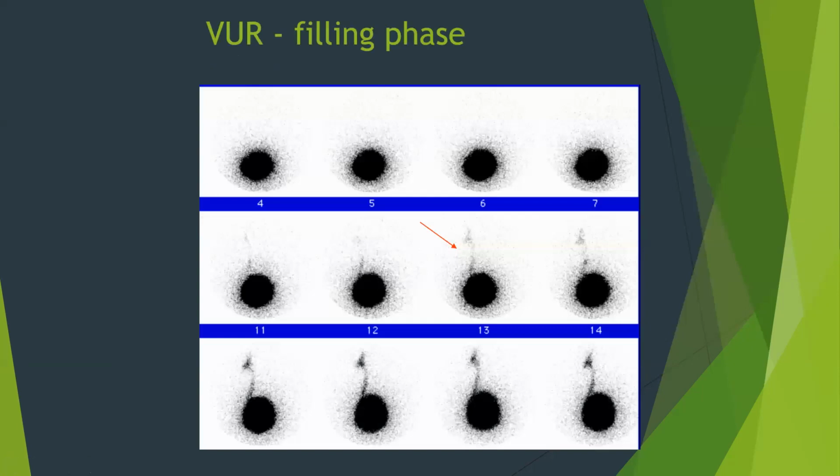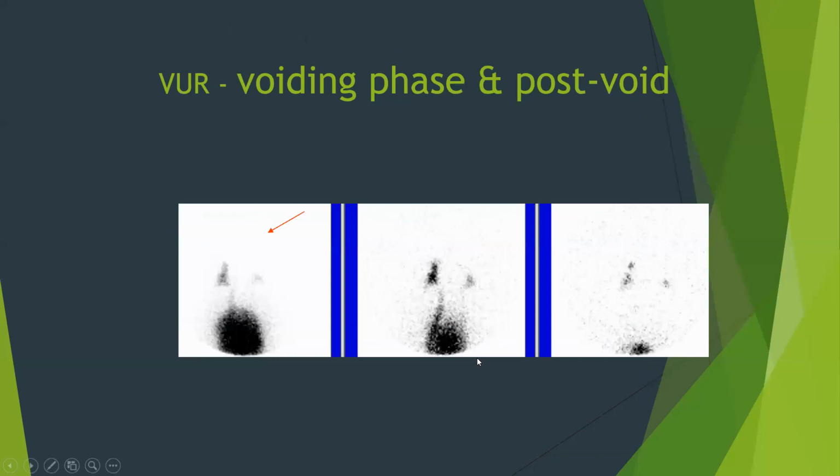And this is another child showing VUR, in which we can see the reflux of tracer from the bladder to the left ureter. We can see there is significant tracer reflux on the left side, and the tracer is reaching up to the renal pelvis. So this is the voiding phase and then the post-void phase.